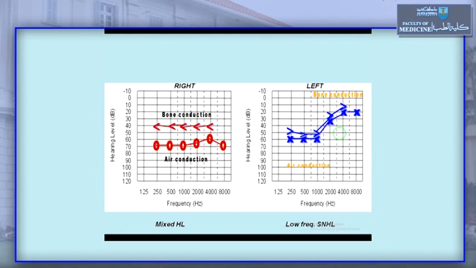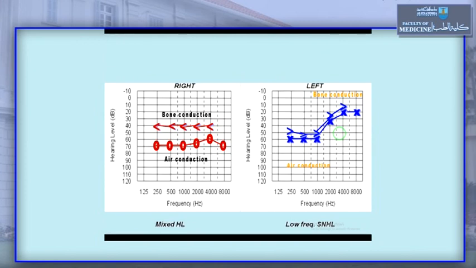Now for the right ear in this slide, we have mixed loss. Both bone conduction thresholds and air conduction thresholds are below the 25 decibel line. But which is better? Of course, bone conduction is better. Why? Because in mixed loss, we have two pathologies. One pathology in the middle ear, one pathology in the inner ear.